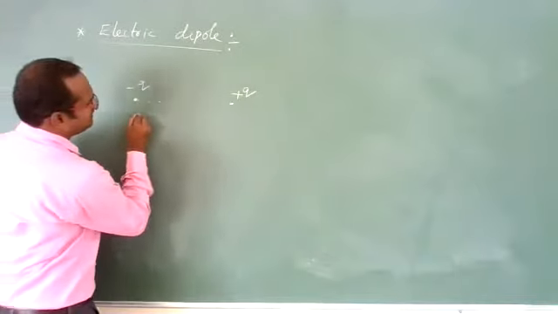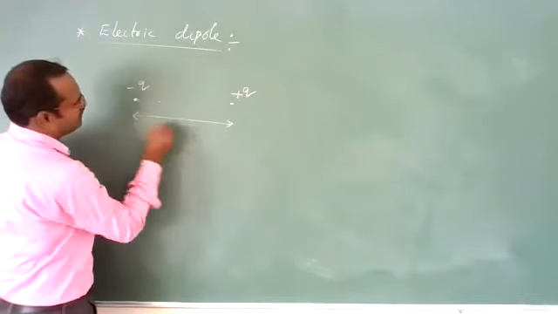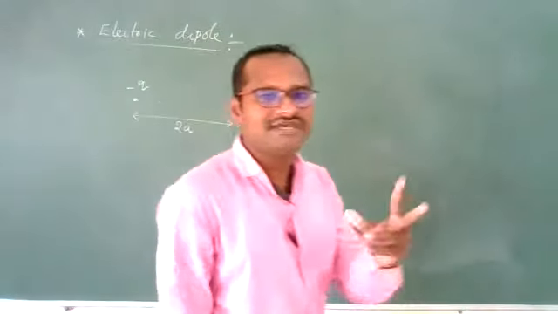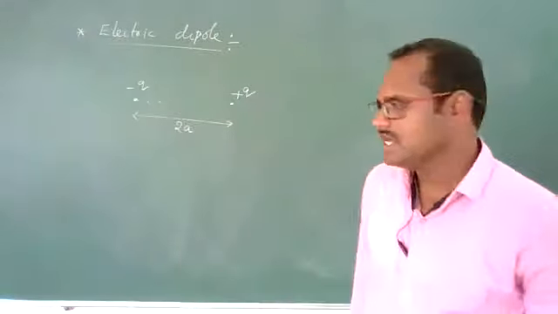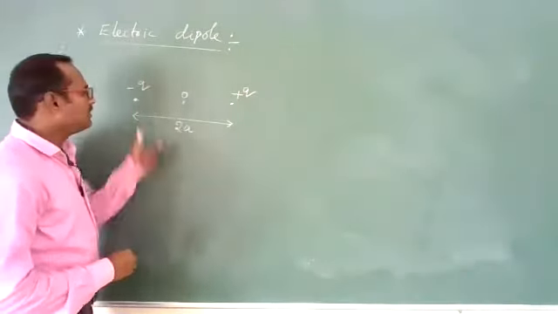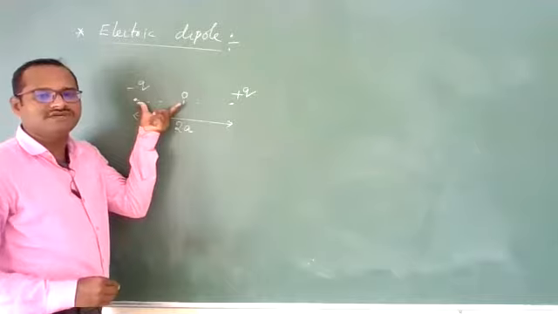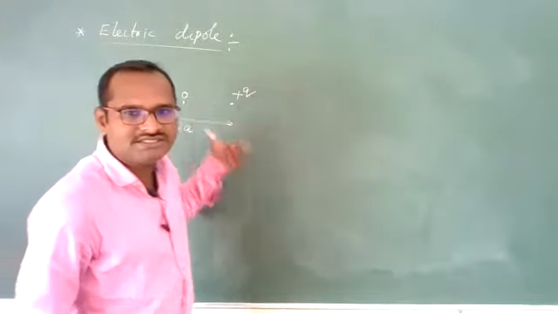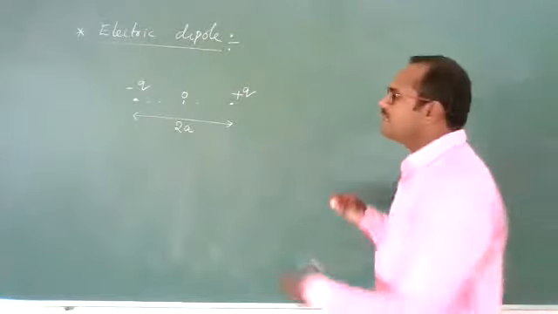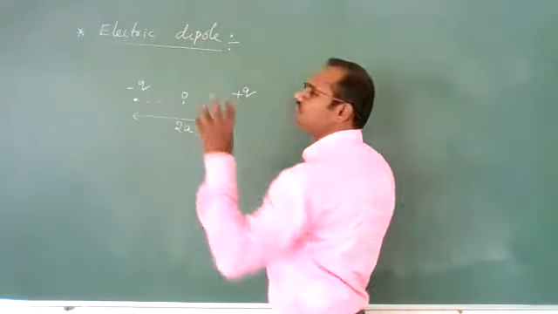If these two charges are separated by some distance, let us imagine it is 2a, then 2a is the distance between these two charges. From the center of the dipole, the minus q charge is at a distance of a and the plus q charge is at a distance of a. Then these two charges will constitute one dipole.